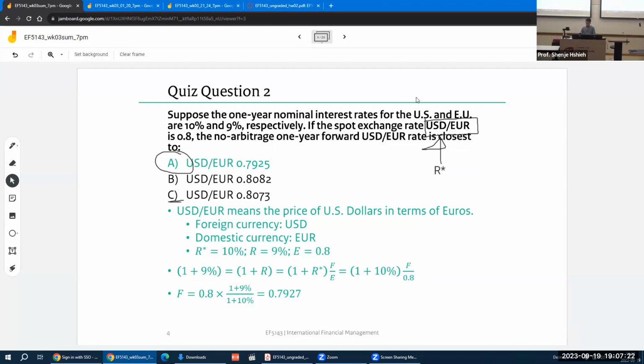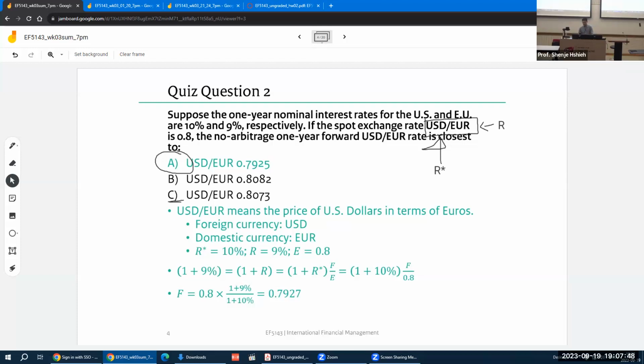And the currency that follows USD is the domestic currency, the euro. So that's going to refer to R, right? So R star refers to 10%, and R therefore refers to 9%.